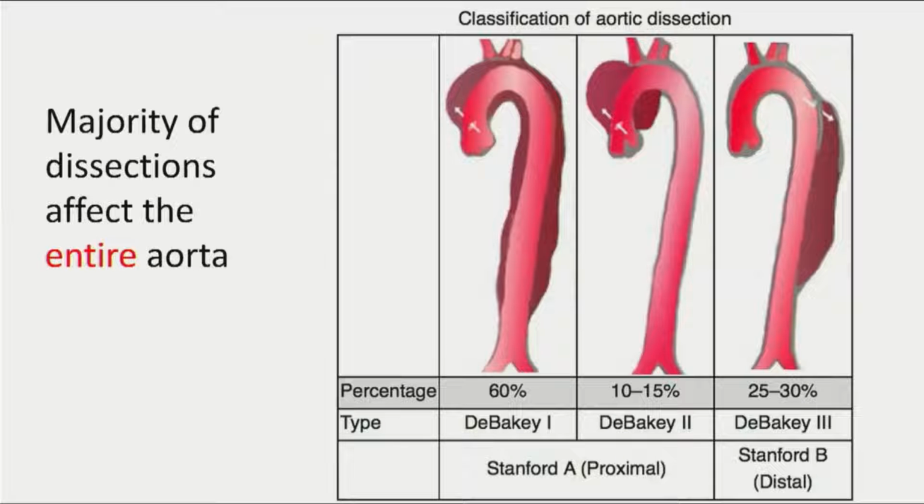When we look at people that come in with dissections, the majority of them affect the entire aorta. 60% have what we call a DeBakey type 1 or a Stanford A dissection, which involves the entire aorta. So even though your tear happened up front, it can then propagate all the way to your legs.